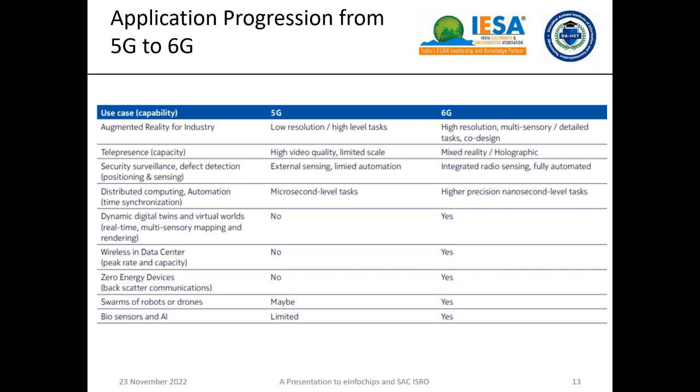This is one chart that shows that some of these technological goals, societal goals, are already beginning to get realized with 5G. But in terms of, for example, AR or telepresence, surveillance type of applications, automation, energy efficient devices, the connected robots, etc., biosensors, 5G is going to be far more improved by the time 6G gets realized.